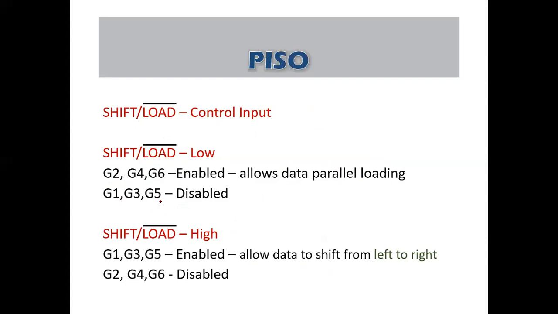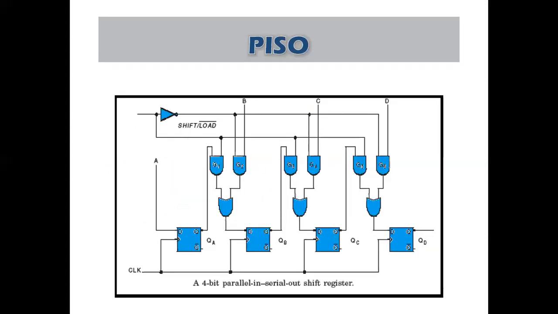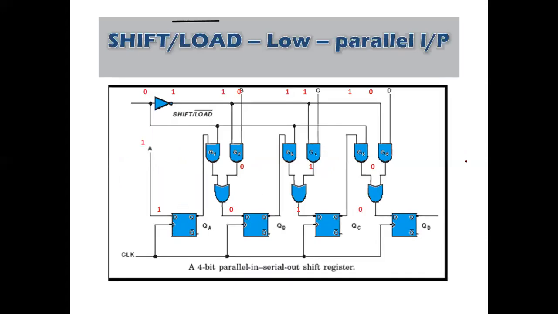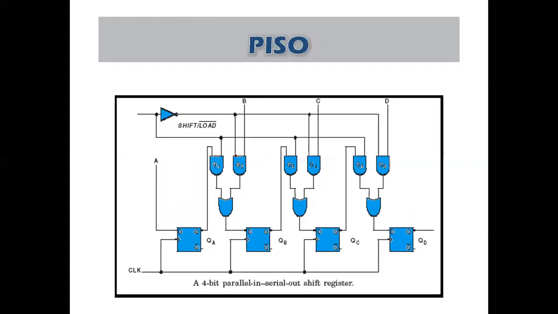We will see the logic diagram, then it will be more clear for you. So this is the logic diagram. See, the A input is given directly to the D flip-flop. The clock is applied to all the flip-flops, but on the input side there is some logic.